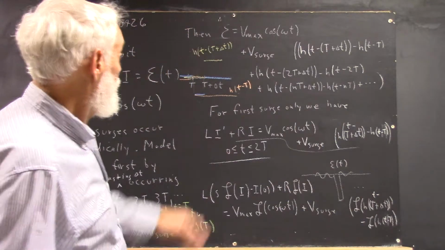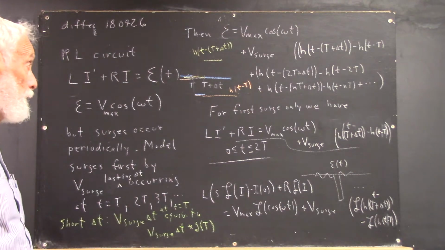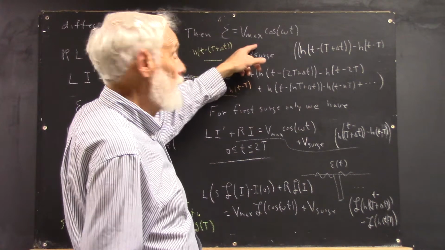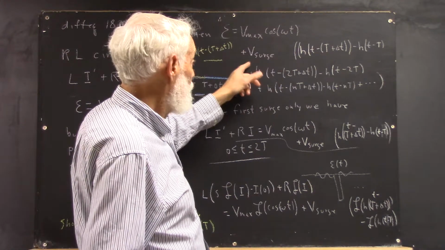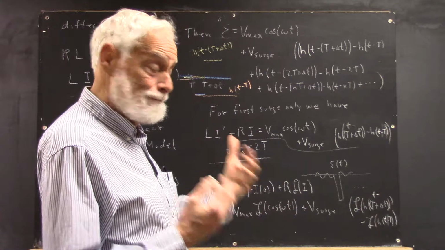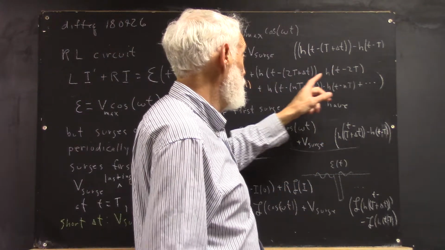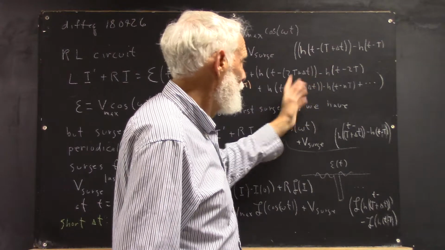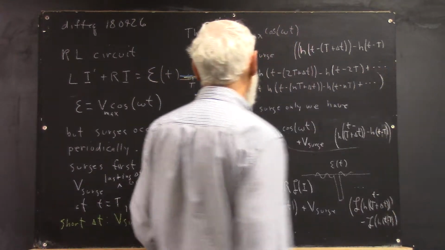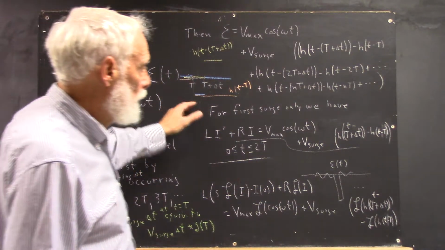So we have this set of equations, and these are corrected from what we had before. So this is just your EMF function modified by surges, equal surges, at T, at 2T, and so forth up to nT. Okay, then if we do the first surge only, well, same thing.